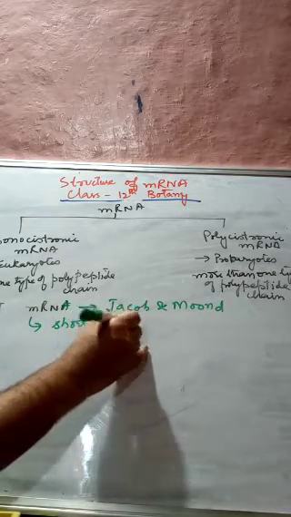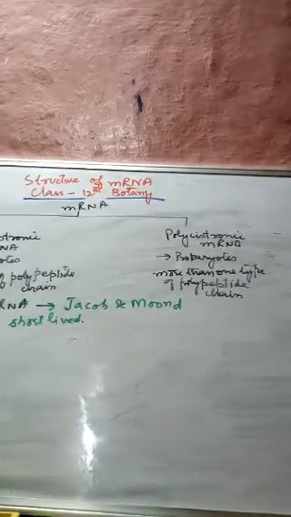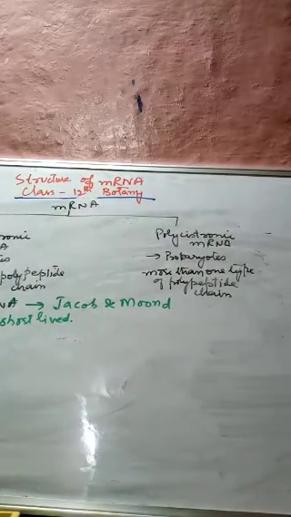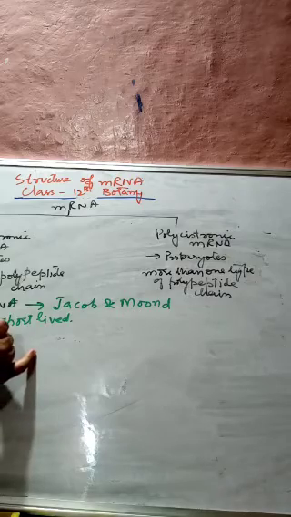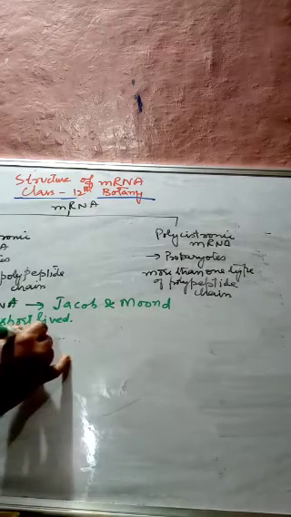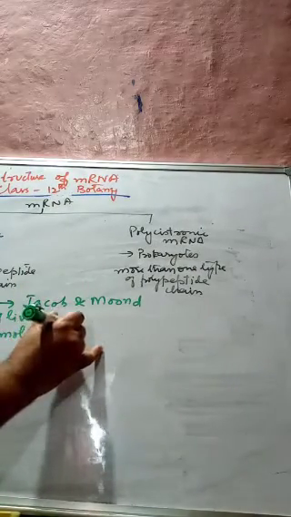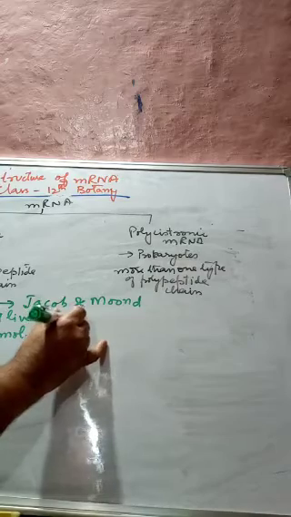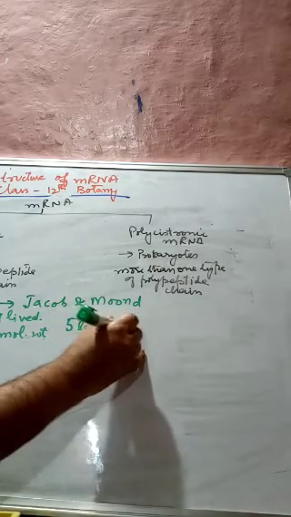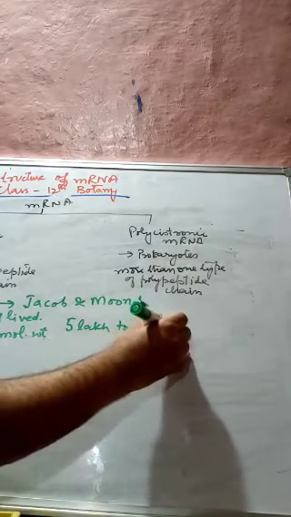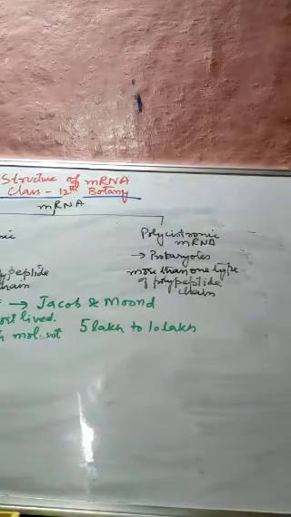That means it codes one or two polypeptide chains, then it dies. Second, it has a very high molecular weight, ranging between 5 lakh to 10 lakh.